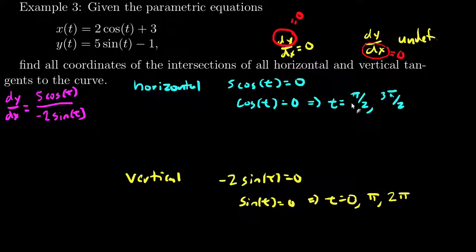So to get the coordinates, I had to put pi over 2 into this and put 3 pi over 2 into this. So when I put pi over 2, cosine of pi over 2 is 0, times 2 is 0, plus 3 is 3.